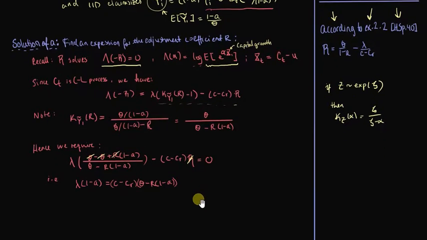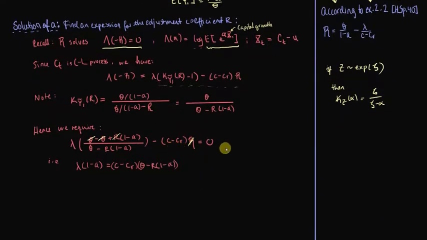So essentially we just moved c minus cr to the other side and multiplied the denominator over as well.